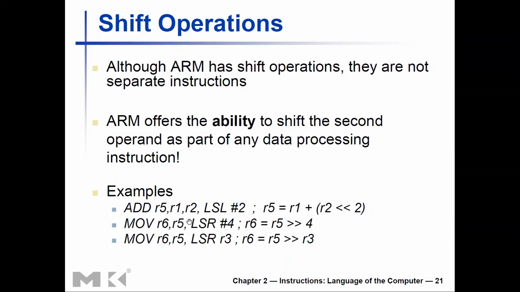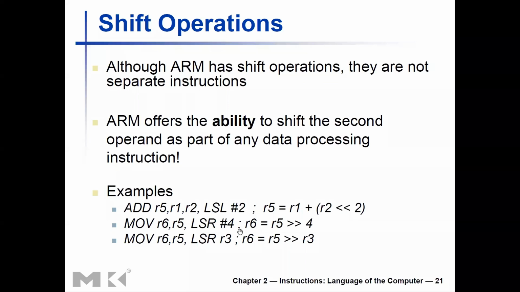If you didn't have this LSR #4 part, you can move the value in R5 to R6. That was there in your skeleton codes as well.